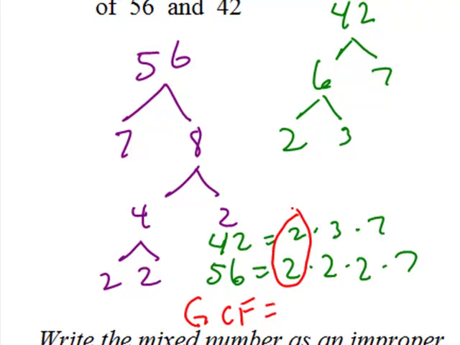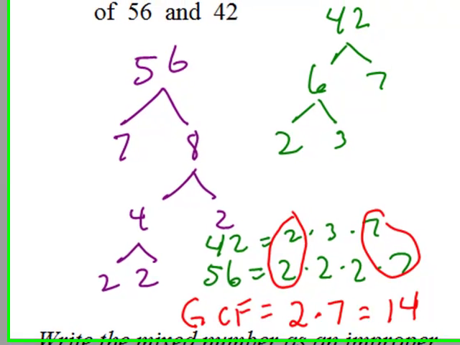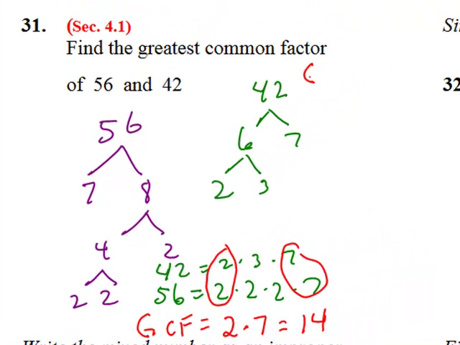Here's a pair of 2's, though the greatest common factor will use just 2 to represent both of those. 3 does not match up, but the 7's do. 2 times 7 is 14. And that's the greatest common factor, which is what we're looking for. I'll write that off to the side here. GCF equals 14.